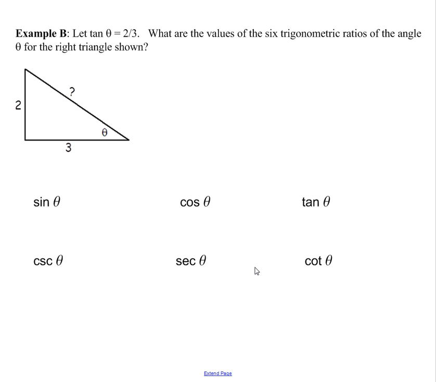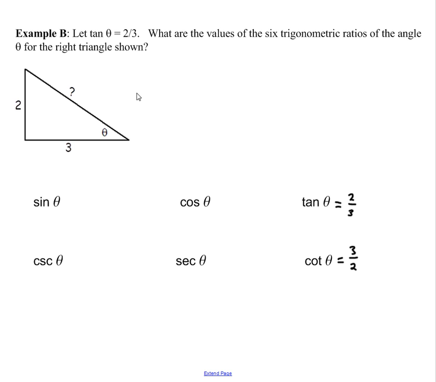In this case, we know that tangent of theta is equal to 2/3. Tangent is the ratio of the opposite side to the adjacent side, so that's 2/3. Cotangent, by the way, is defined as the adjacent side over the opposite side, so we've already got 2 of these out of the way. This is going to be 3/2.